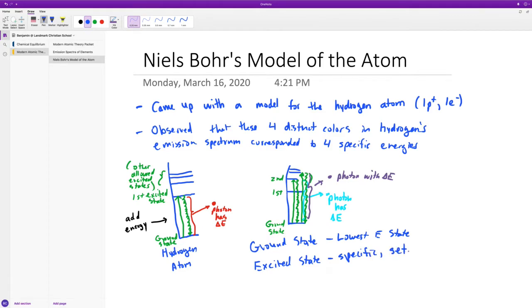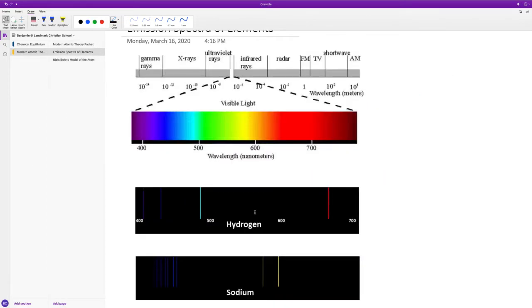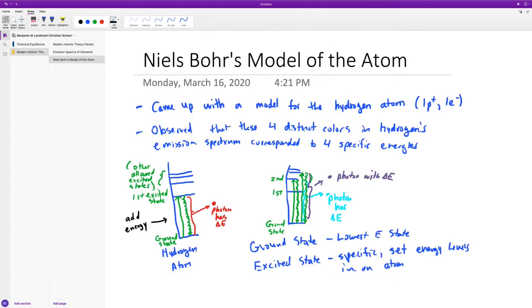And they're sort of set energy levels in an atom. And he thought maybe that could explain these particular colors that are coming off of the hydrogen when you excite it. Okay. And the more that he thought about this, the more that he realized these excited states might have something to do with the electron inside of the atom.